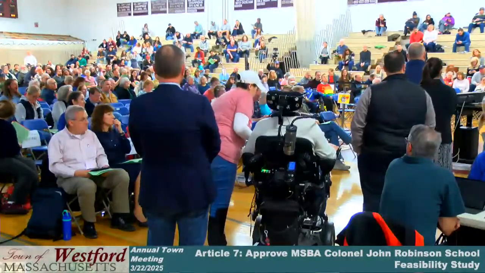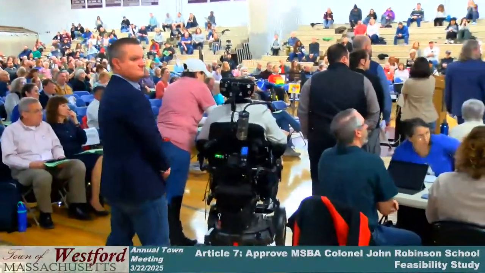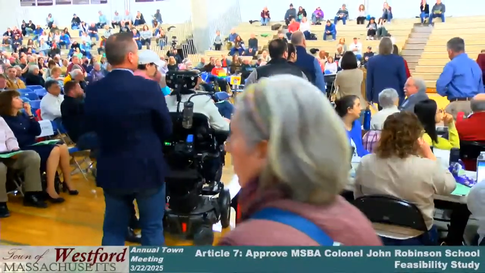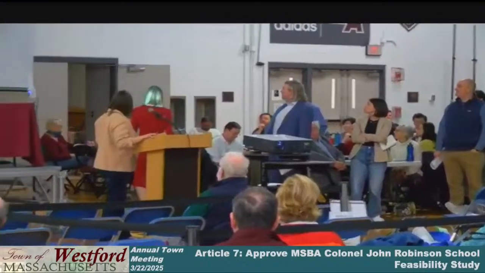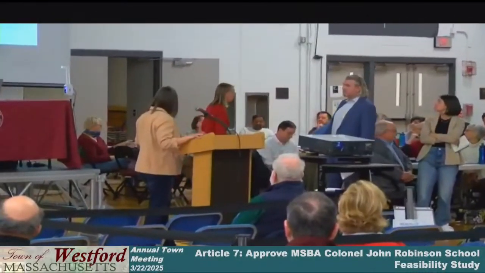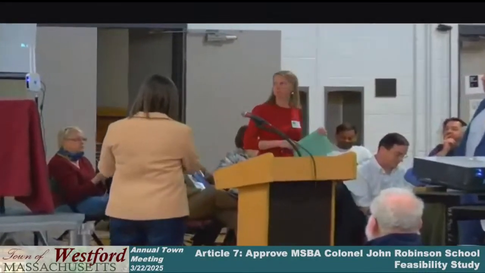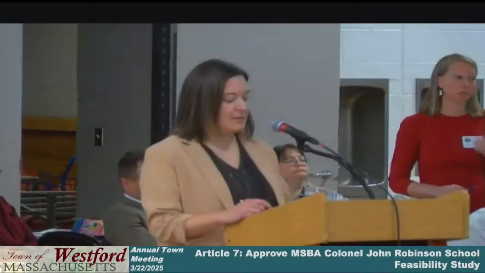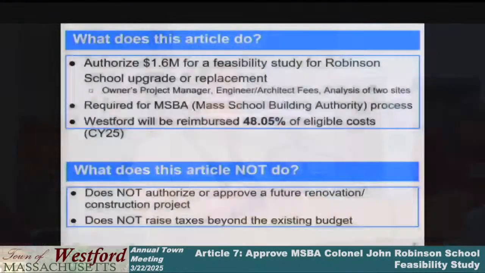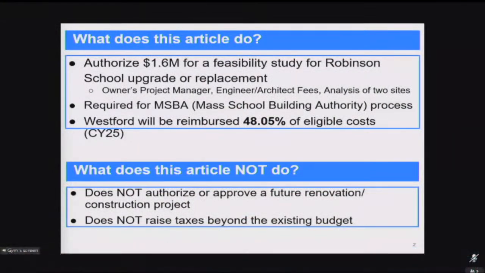And we can start the slideshow for slide 2. Okay, great. So we just wanted to start by explaining feasibility study is a term that can carry a lot of different meanings.